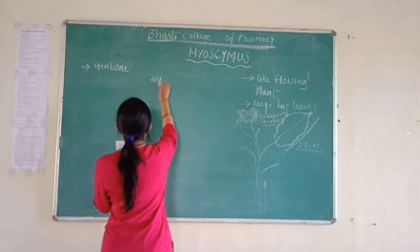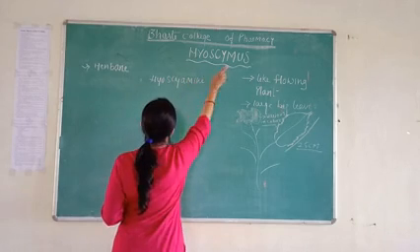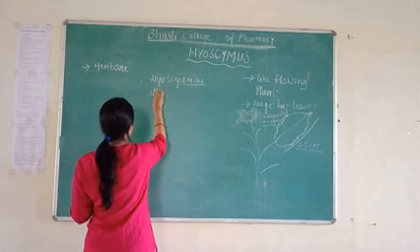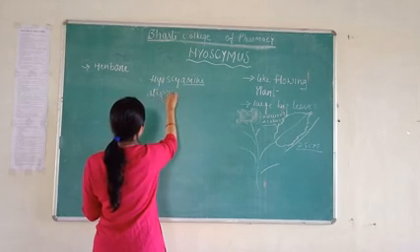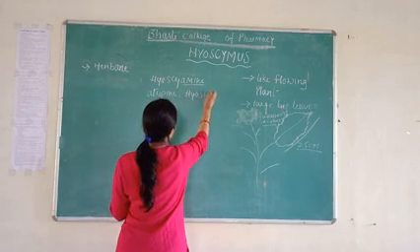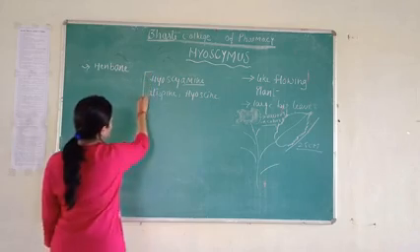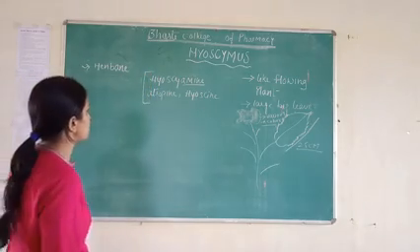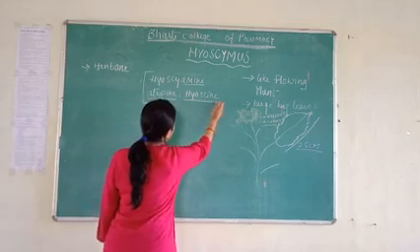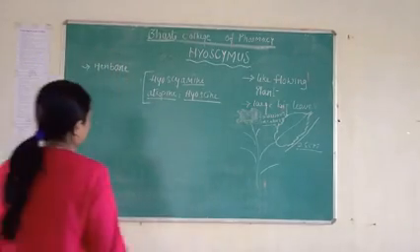They are hyoscyamine, atropine, and hyoscine. These are the active chemical constituents present in Hyoscyamus.